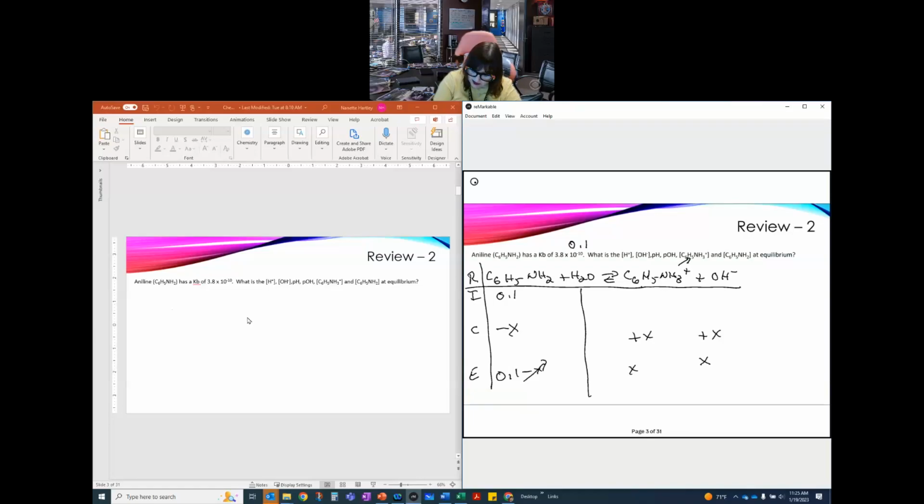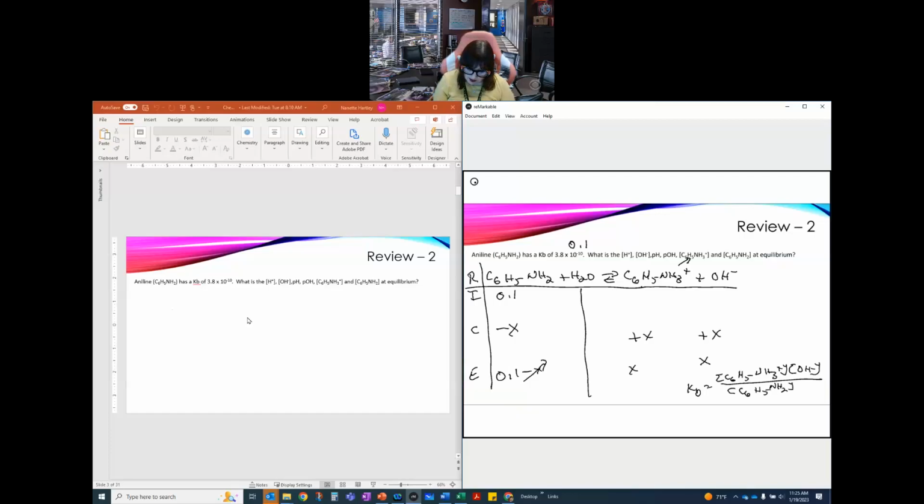Now, I know that the Kb is going to be equal to C6H5NH3 plus times the OH minus divided by the concentration of C6H5NH2.